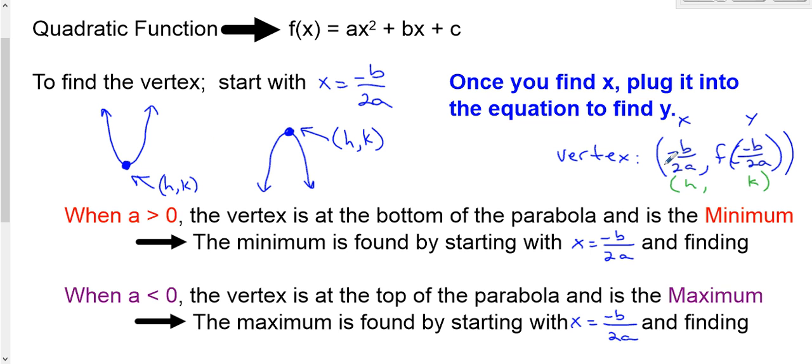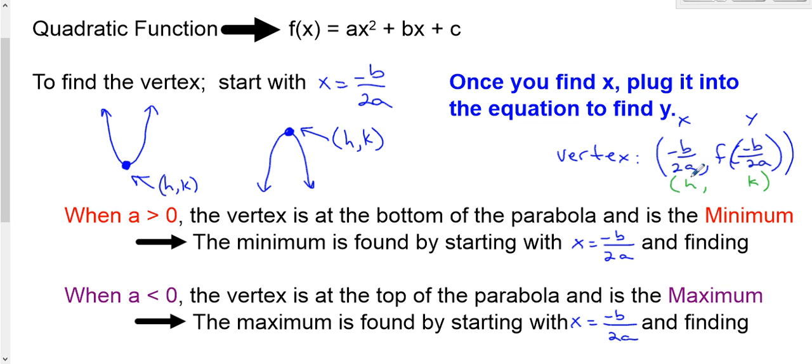Now, the other thing to consider here is we also call the vertex the point (h, k), kind of like we did with the center for a circle. The vertex of a parabola is represented by h and k.